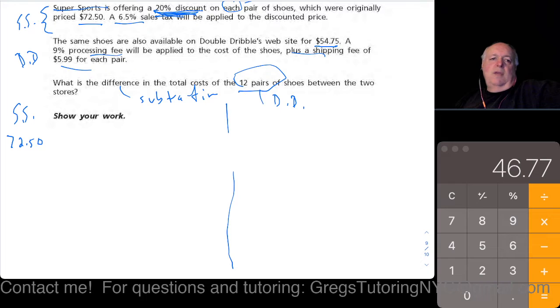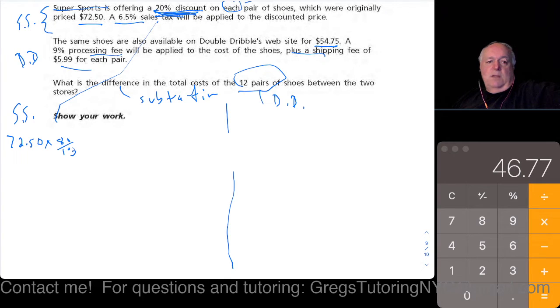Or we can realize 20% off means you're paying 80% of the price. Does that make sense? If 100% is $72.50 and there's a 20% discount, that means the price of the shoes is now 80% of the original price.